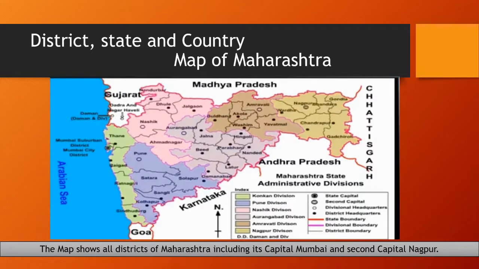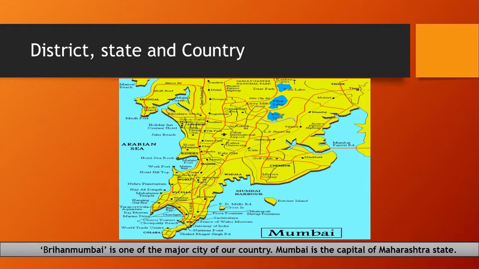Now student, here is a map of Maharashtra state. The map shows all districts of Maharashtra, including its capital Mumbai and second capital Nagpur. The districts are shown in different colors. Dear children, on the screen you can see the map of our city Mumbai.